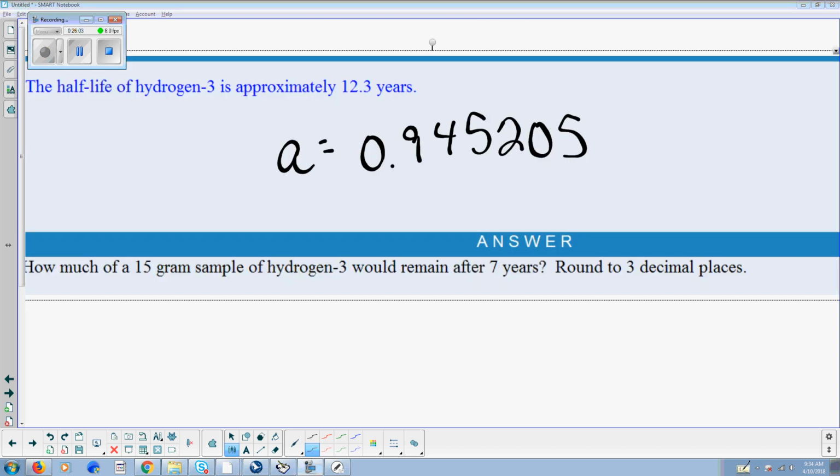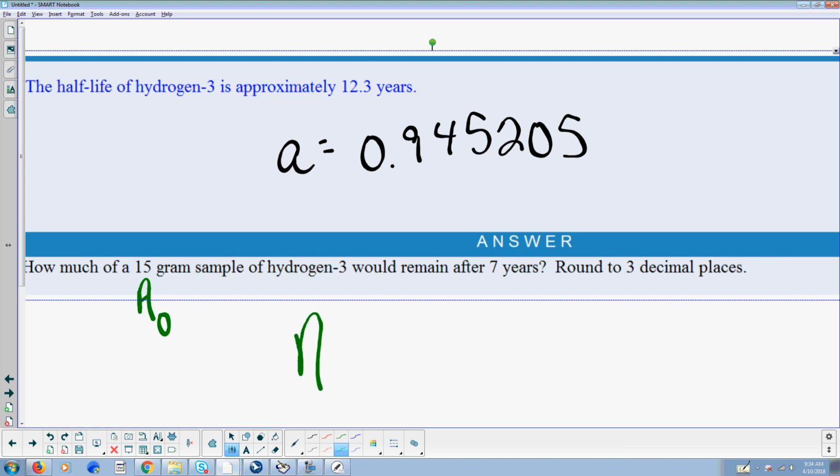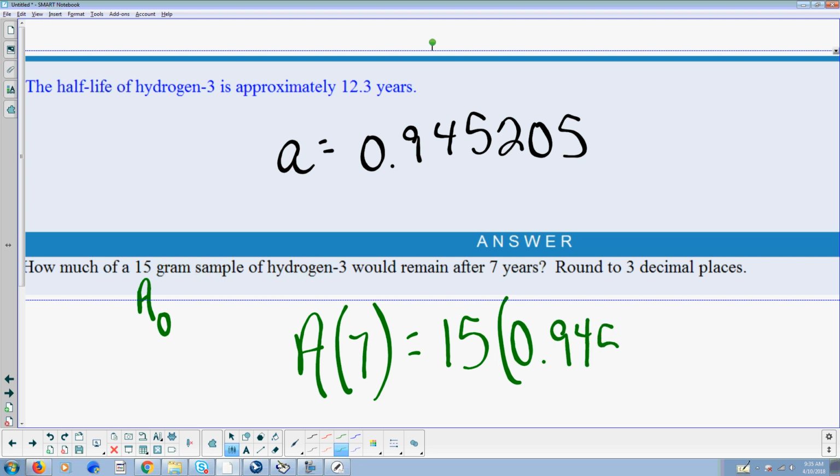Okay, so now this is the next part of the question. It says, how much of a 15-gram sample of hydrogen-3 would remain after 7 years, round to 3 decimal places? So now we're talking about an initial amount of 15 grams. So the amount after 7 years, where your starting amount is 15 grams, and little a was already determined to be 0.945205.